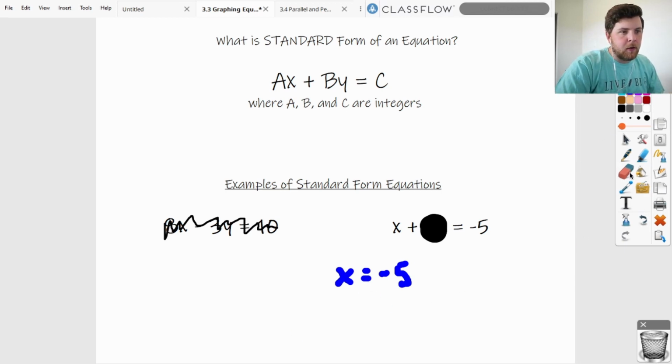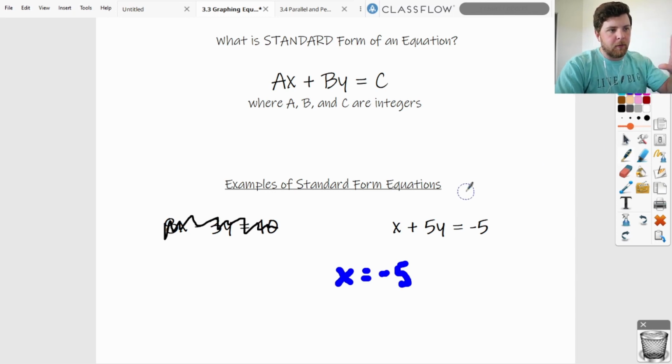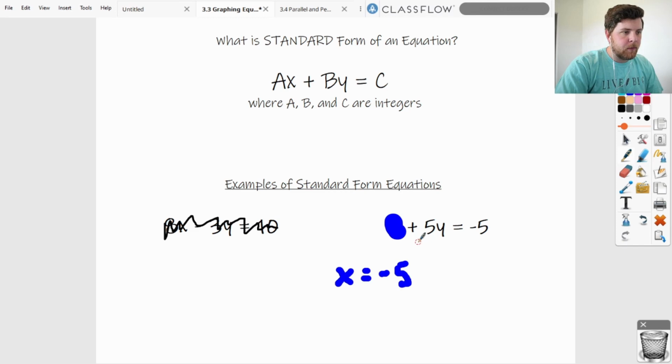Okay, to solve for your y-intercept, you do the same thing except you cover up the x. Pretend that's not there. Now I have 5y equals -5.